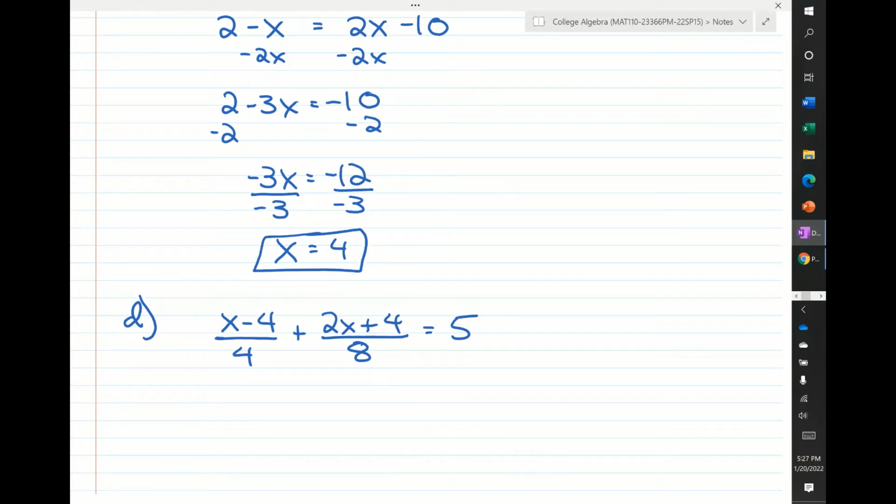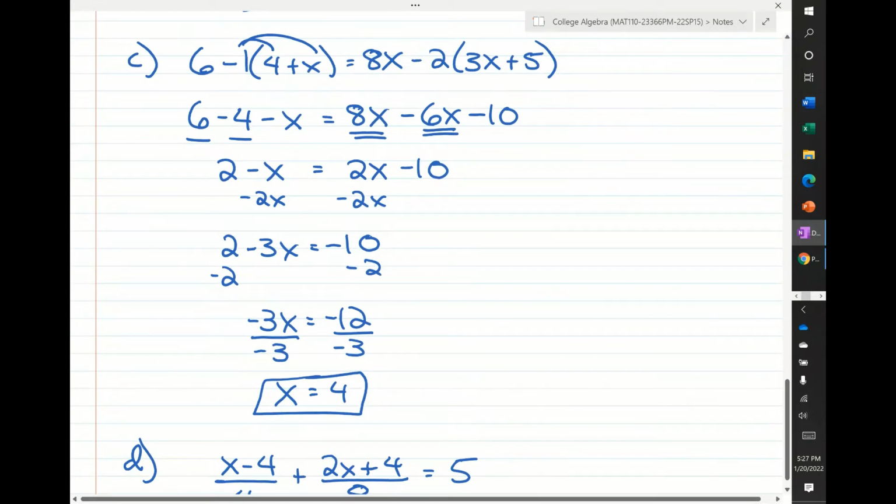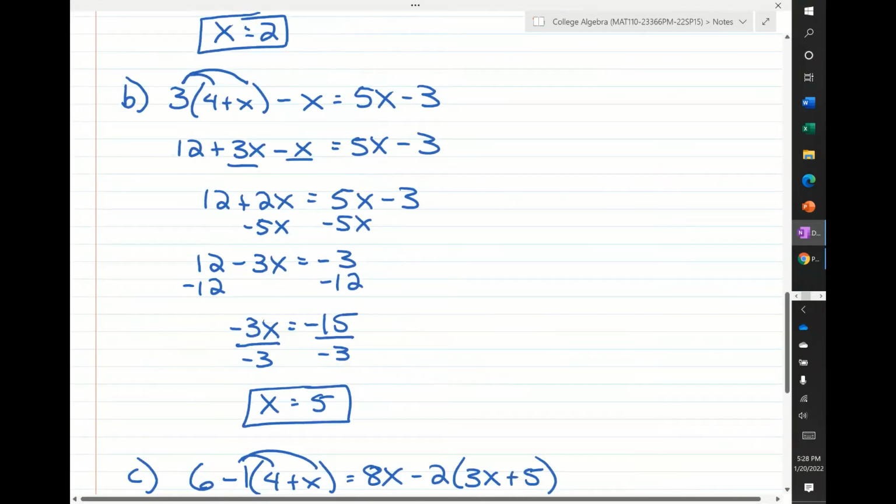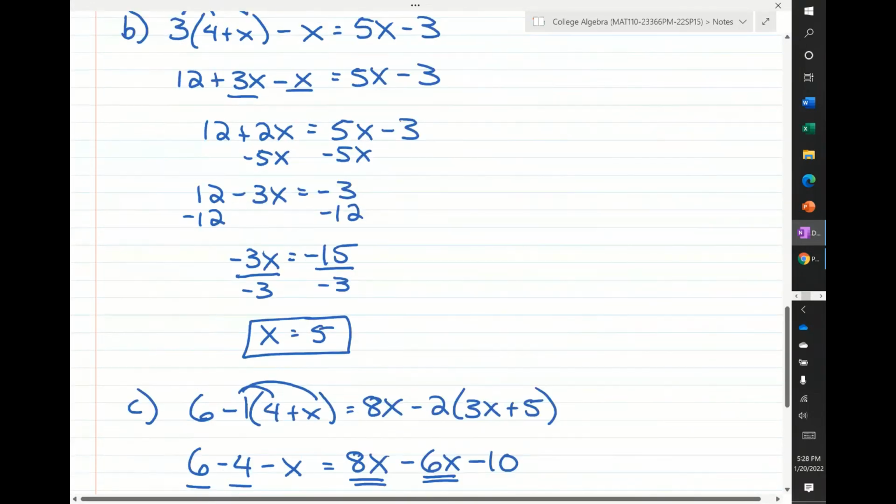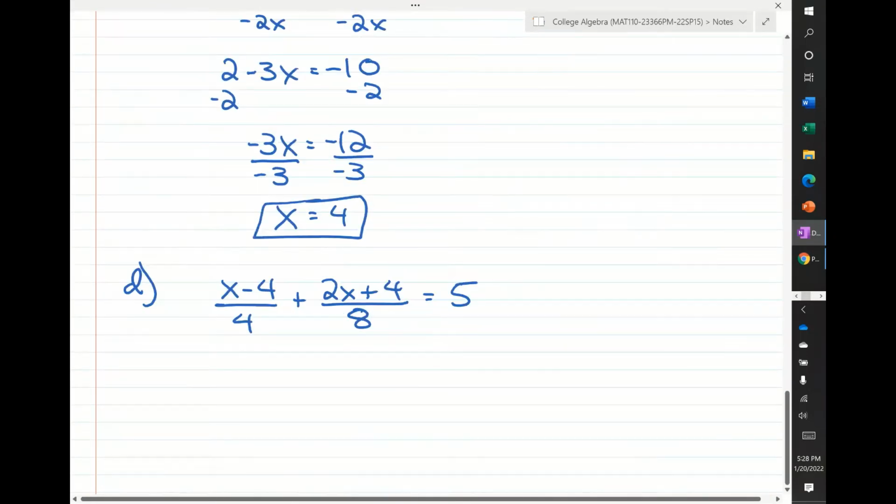Most of these problems, what I do is I just add one step to get to the last problem. The one that we just did, we had to distribute a negative 1. That was the only new part. The one before that, we had parentheses. That was the only new part. What's new with this problem is that we have fractions.